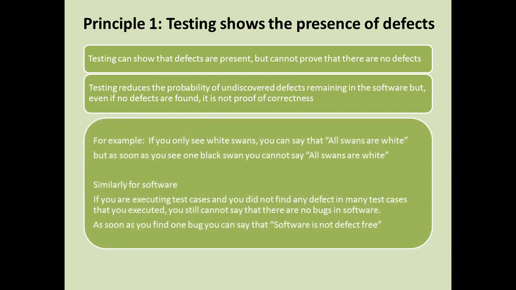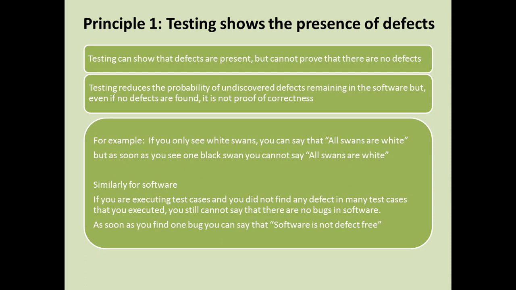So let's take an example to understand this. In the ISTQB book, there is a very good example explaining this principle. If you only see white swans, you can say that all swans are white. But as soon as you see one black swan, you cannot say all swans are white.